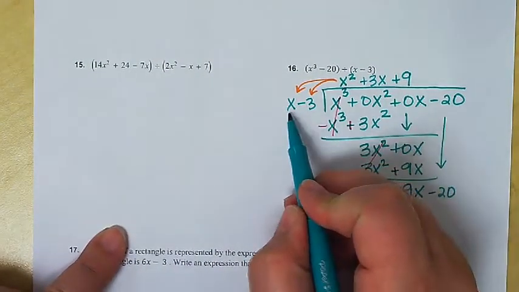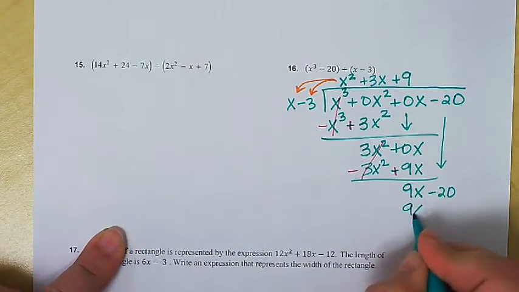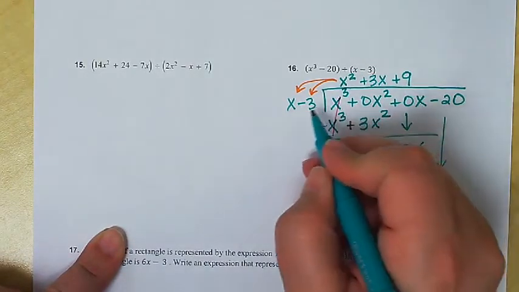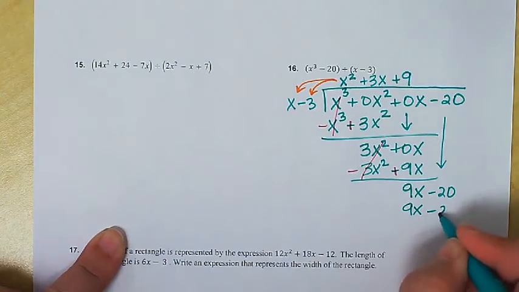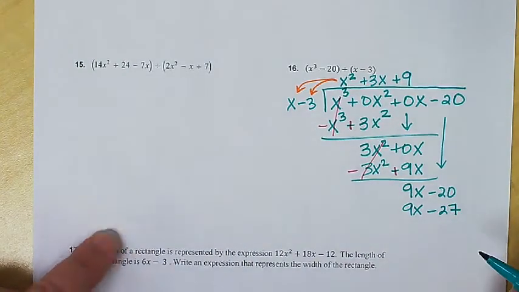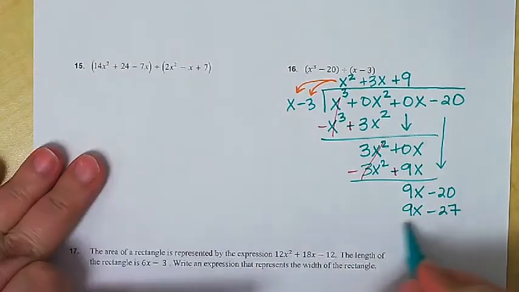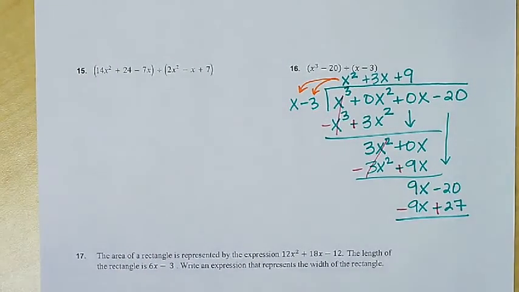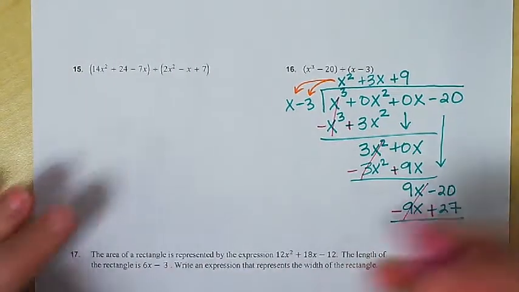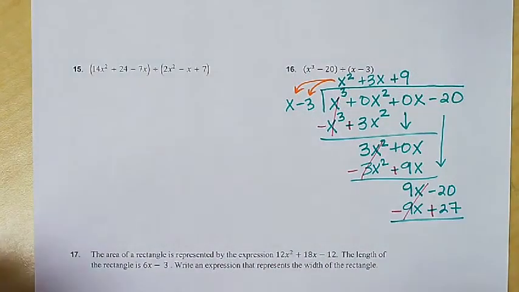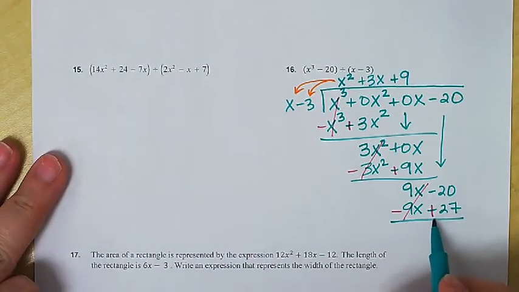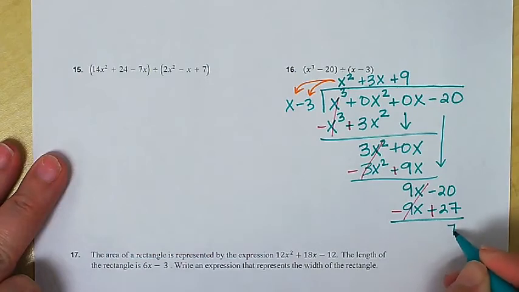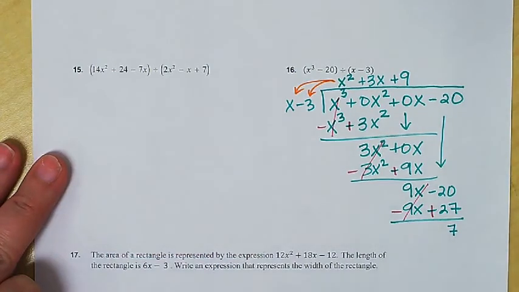So 9 times x is 9x. 9 times negative 3 is a negative 27. Drop your line, change your signs, combine. These guys cancel out, as they should. Negative 20 and a positive 27 leaves me with just a positive 7.